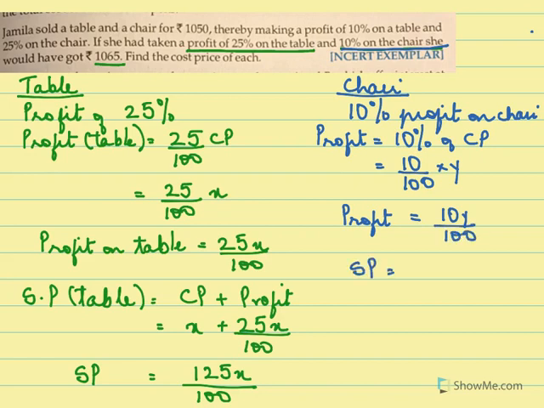Now SP of the chair will be CP plus profit, which means Y is the CP and the profit is 10y over 100.